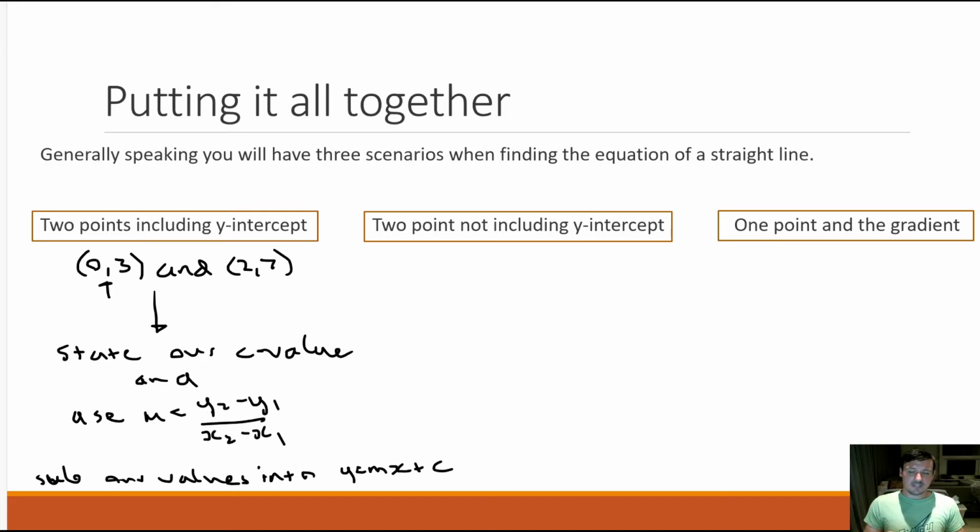So we get our c value, we use our gradient to find our m value.